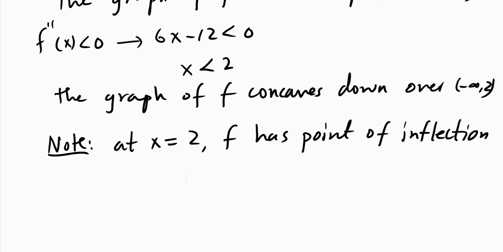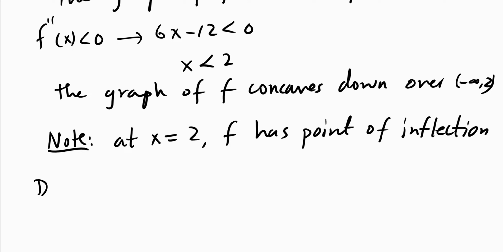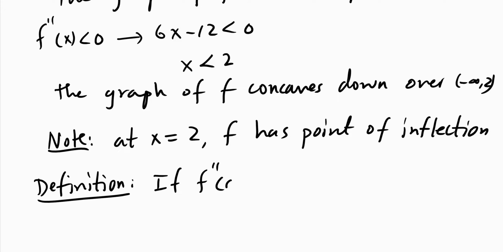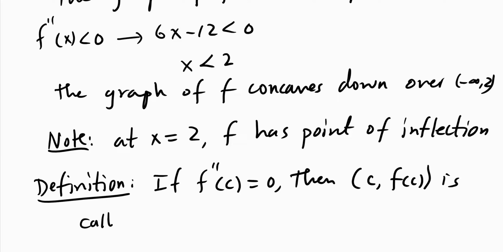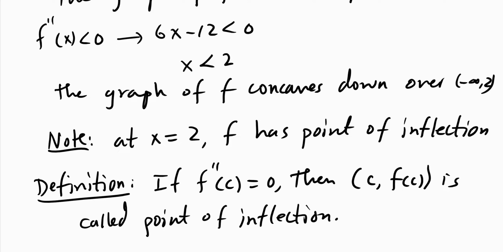So we can introduce this as a definition. If the second derivative at c is 0, then the point c comma f of c is called a point of inflection, as stated above.